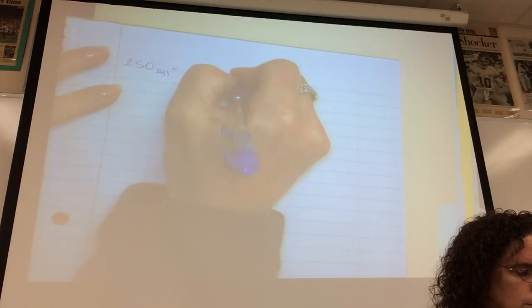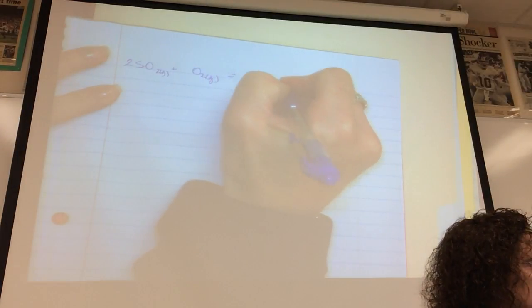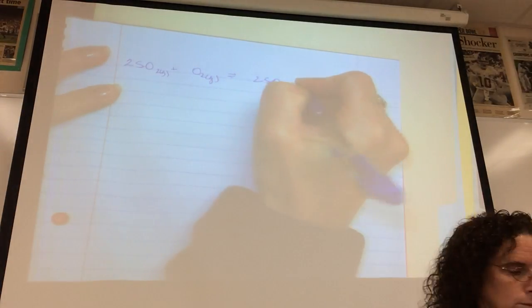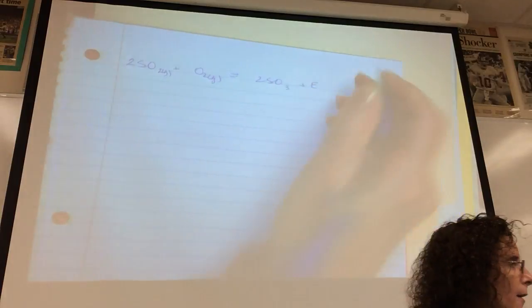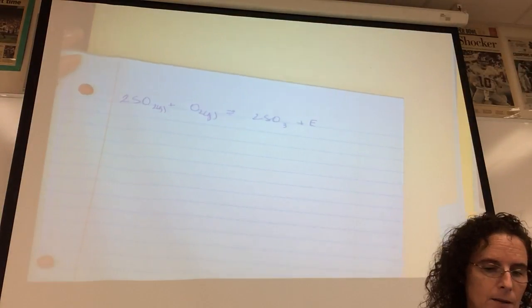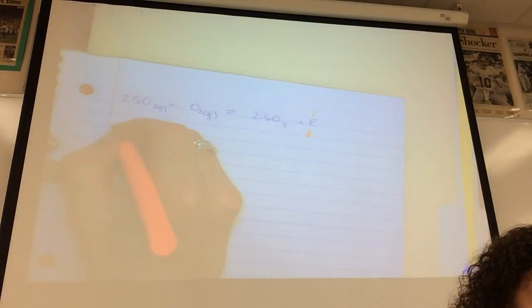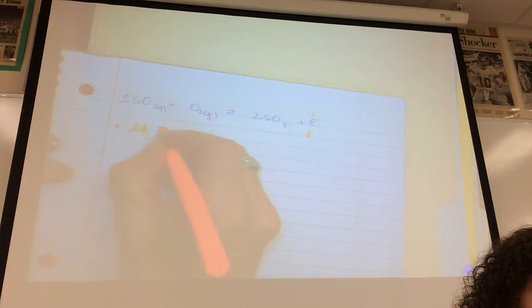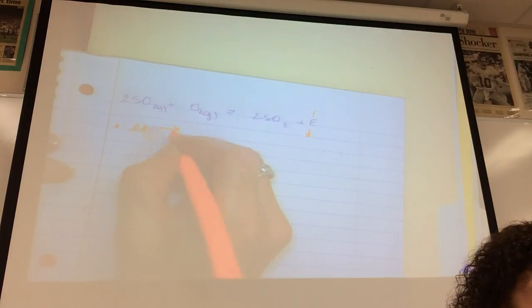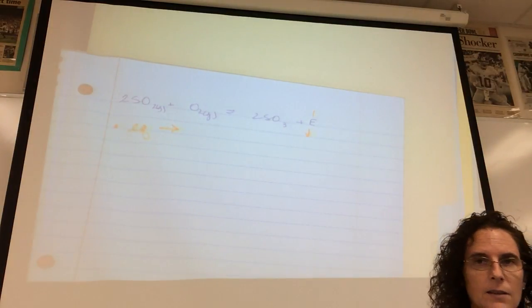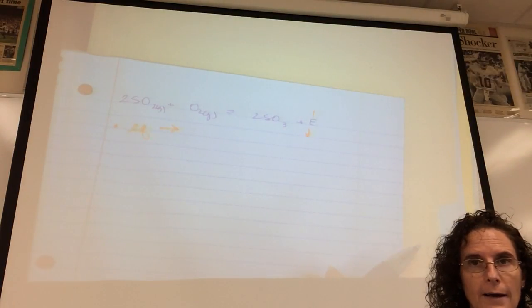Well, I think you will see it as soon as I show it to you. All right, so we said if the temperature is decreased, equilibrium shifts in the forward direction to replace the heat lost, correct?